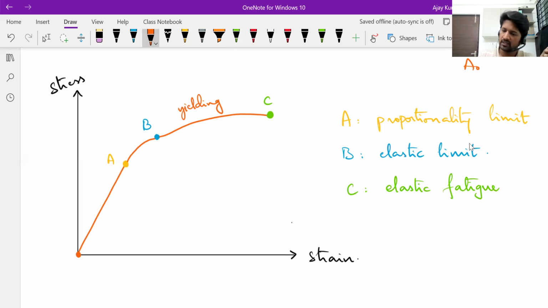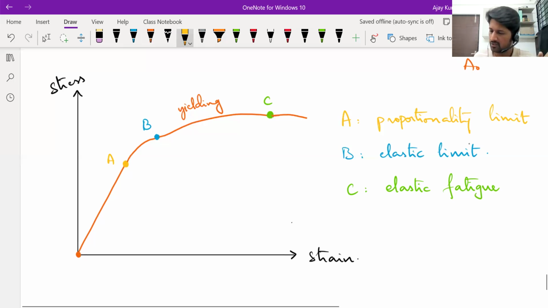And you continue applying the stress. Beyond C, there's no restoring force at all. You can easily produce strain. So you don't even have to change the stress much. Just increase it a little bit. Sometimes you can decrease also, not necessary. It has lost its ability to regain the original shape. Then what will happen? Eventually, it will break.